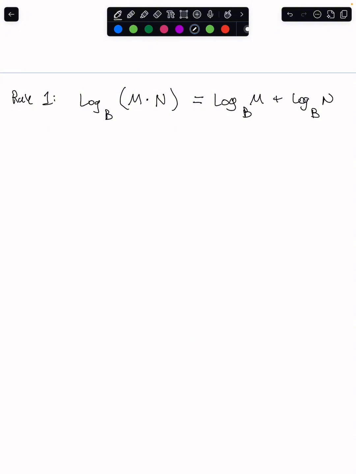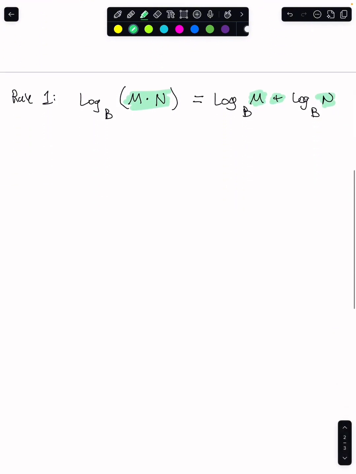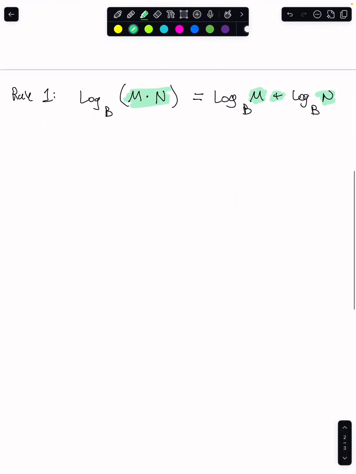Do you notice how multiplication here resulted in addition, and up here multiplication here resulted in addition? Okay, so there's that. That's rule 1. Rule 2.